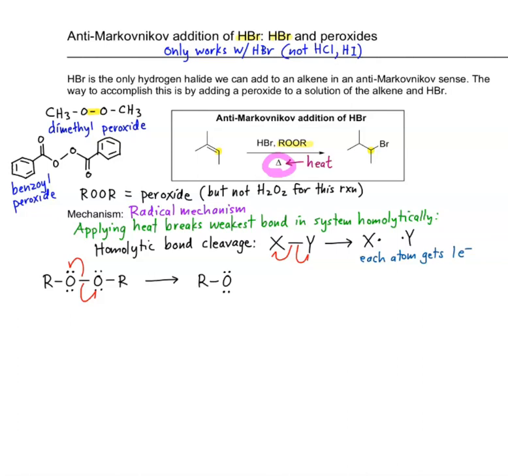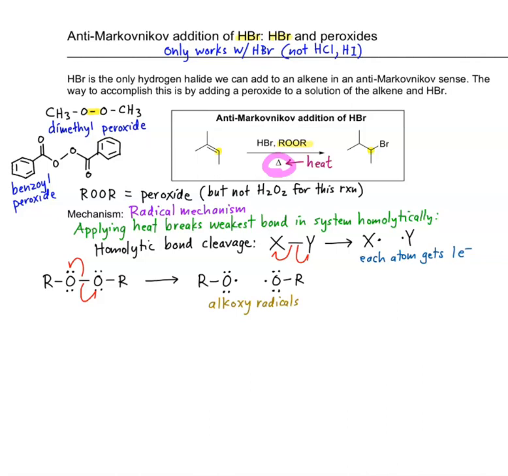So you're going to get two RO radicals. And remember that an RO group is an alkoxy group. So these are alkoxy radicals. I'll leave it to you to calculate the formal charge on either one of those oxygens so that you can assure yourself that there is no formal charge associated with each of those oxygens.